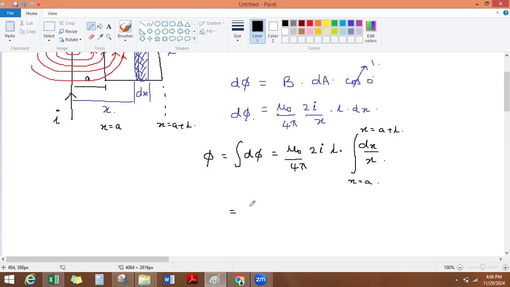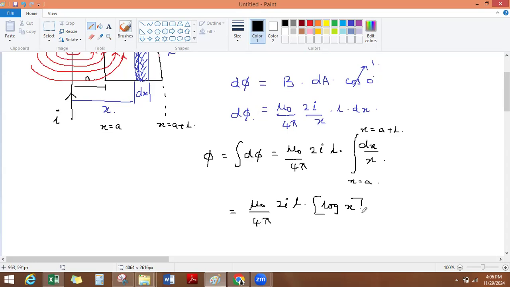So that means I'll be getting mu naught by 4 pi times 2 I L. So integrate this. The integral of 1 by x is log x, or ln x.